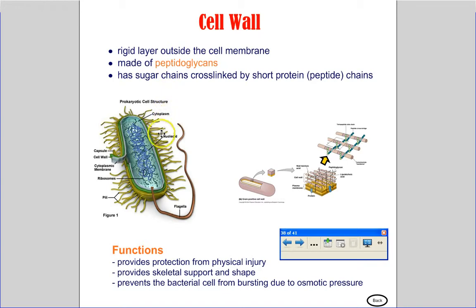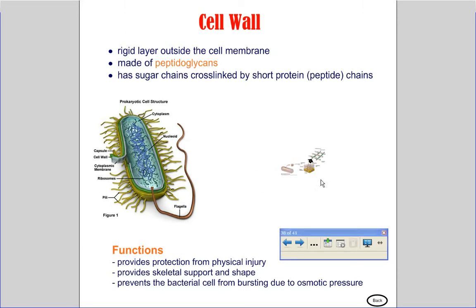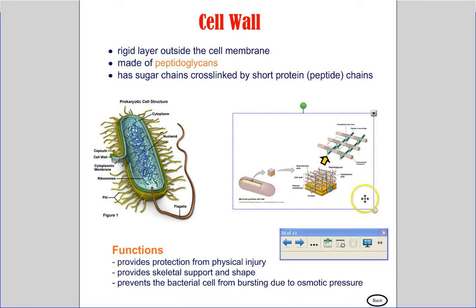The cell walls of prokaryotes are typically made of what we call peptidoglycans. Peptido refers to protein and glycan refers to sugar. So it has sugar chains that are cross-linked by short protein chains. Let's see if I can get this bigger.